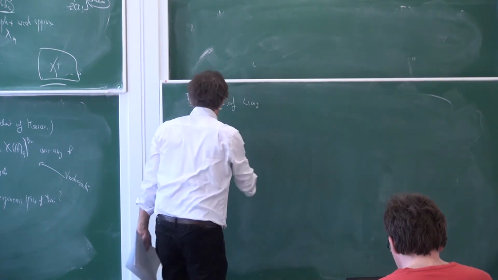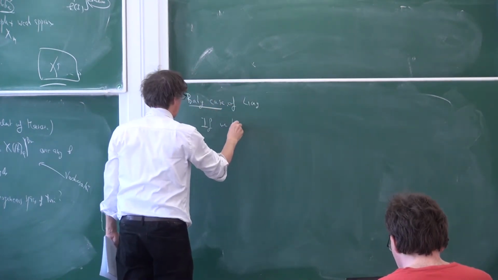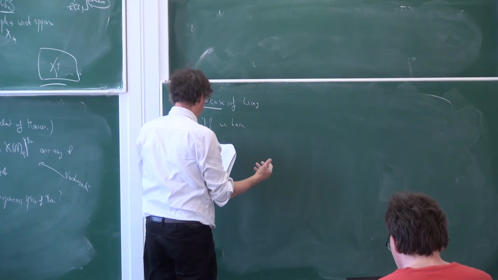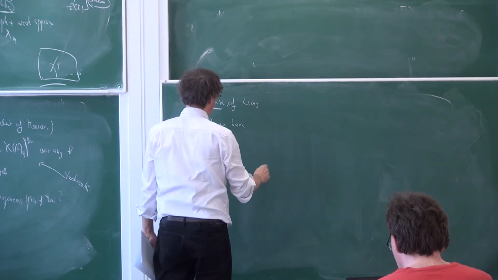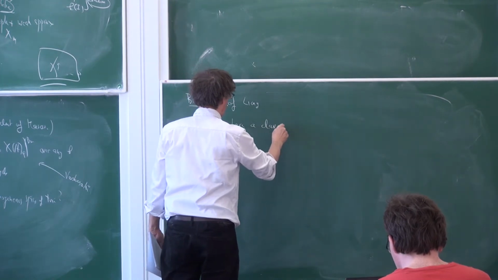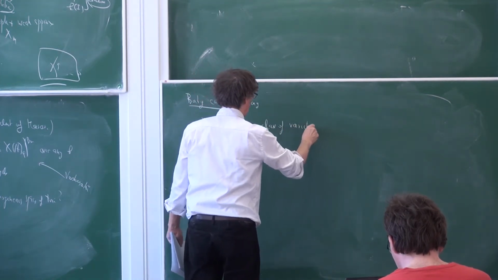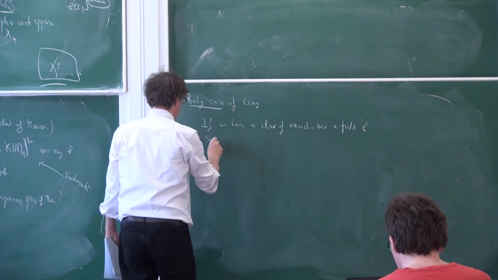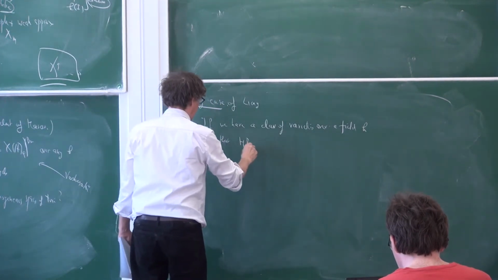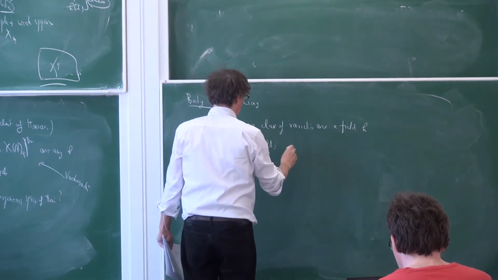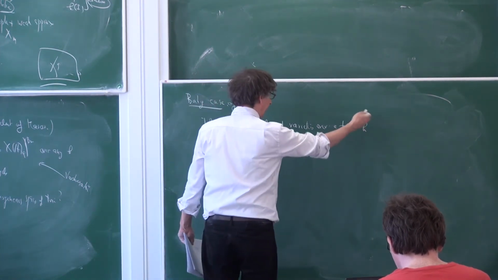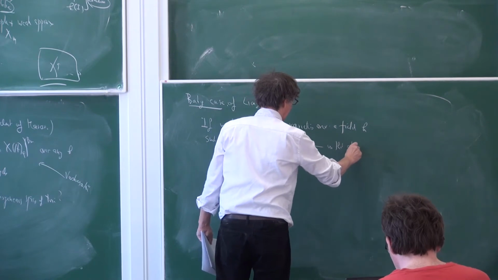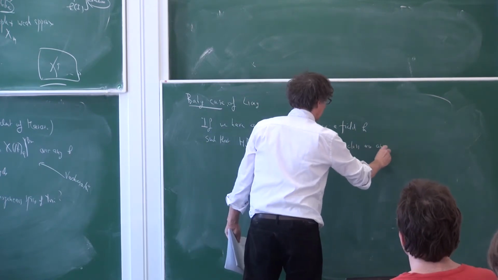So the statement is, suppose we have a class of varieties over a number field k, such that the Hasse principle holds for varieties of that class over any finite extension K over k.